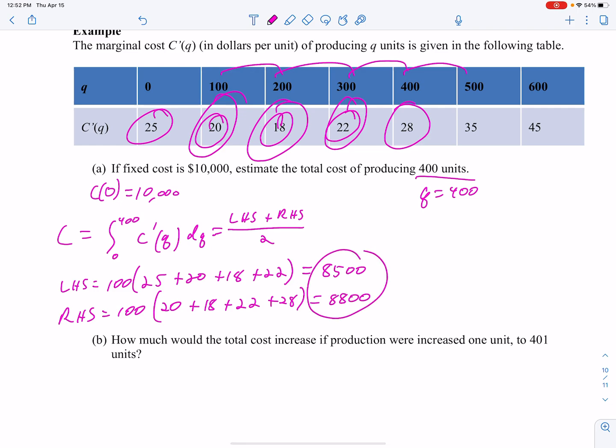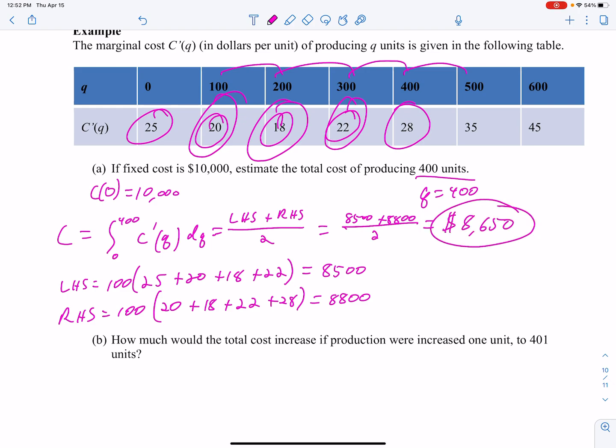So we take these two numbers and plug them in: 8,500 plus 8,800 over 2, which gives us $8,650.